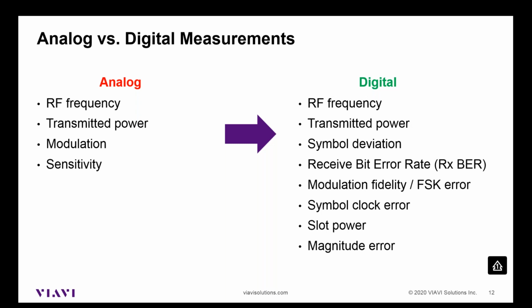Now, those two are not specifically related to digital measurements, but TDMA signals, rather, used in DMR and P25 phase 2, have a 2-slot TDMA, so they do have on times and off times, and if we're not able to properly measure the power in the right slot at the right time, we're not going to be able to properly characterize those radios. So once again, even though those aren't specific to digital radios, they are specific to the digital modulations that we're talking about.